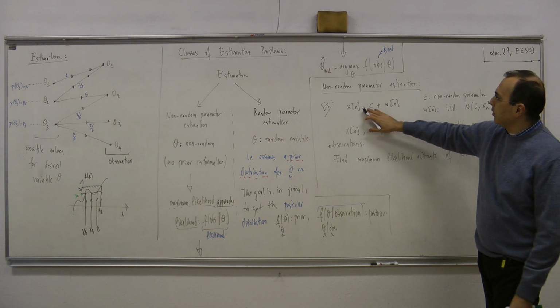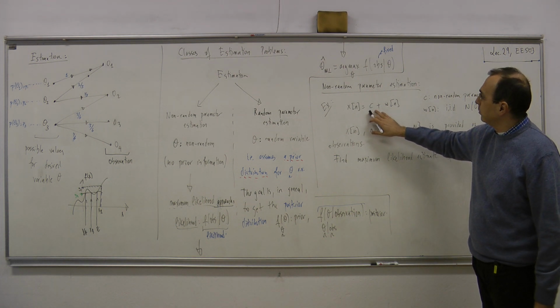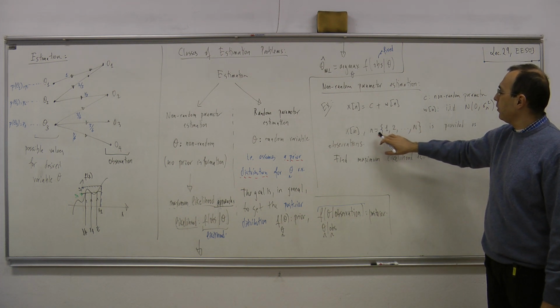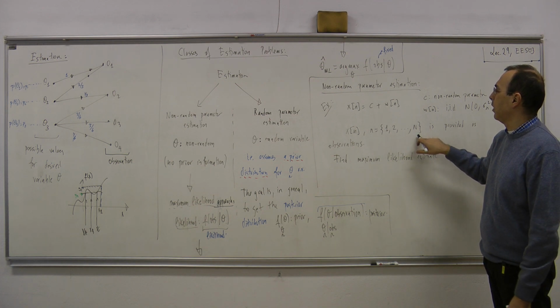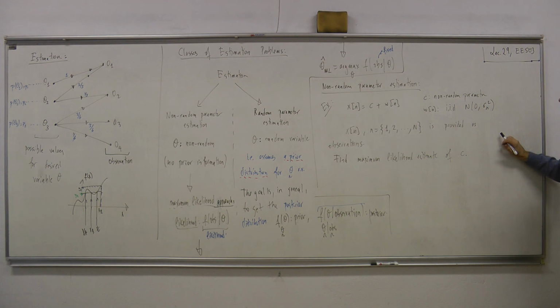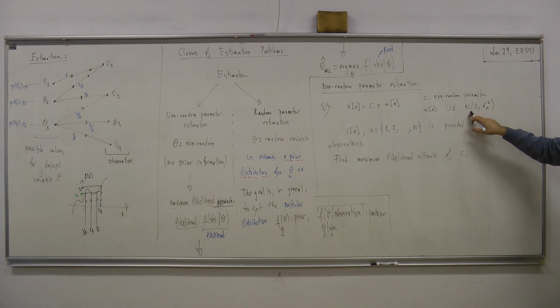How can I think about this problem? Maybe you are measuring something, a constant value. Maybe you are measuring the resistance of a resistor. This is your multimeter, and you have N of those measurements. But those measurements are different from each other because of this noise effect. But you know that the multimeter operates with such a statistical behavior, meaning that its noise is zero mean and its variance is sigma n square.